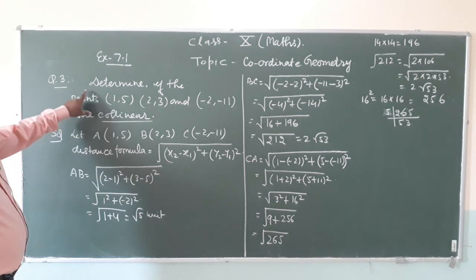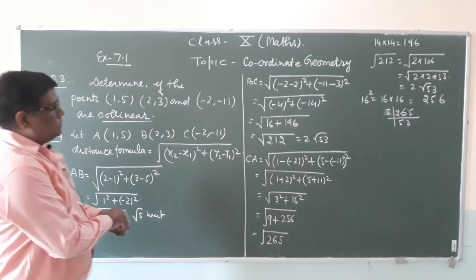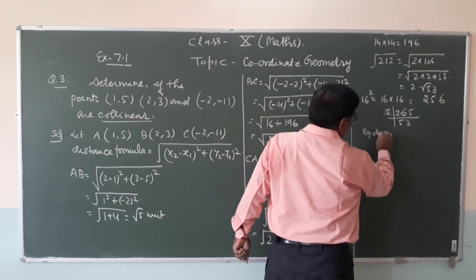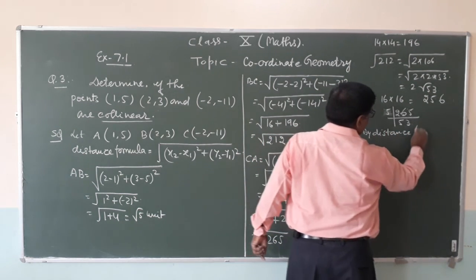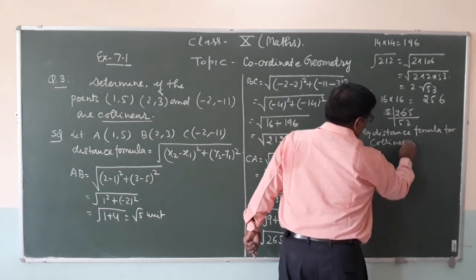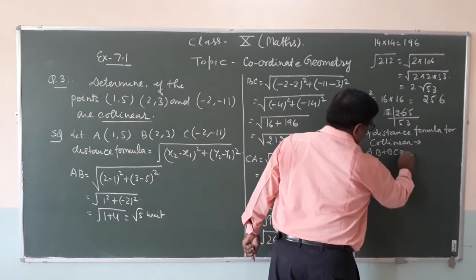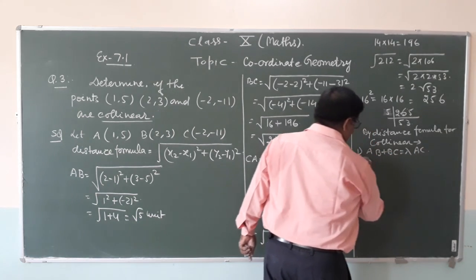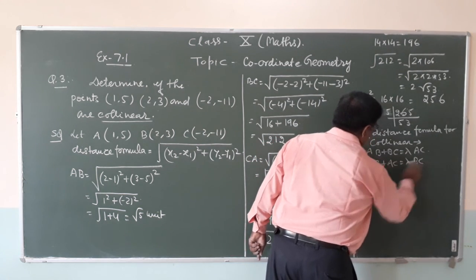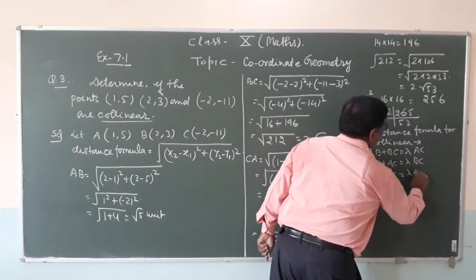Again, by the distance formula, if we have to show these three points are collinear, then for collinearity we use three formulas: if AB plus BC is equal to AC, or AB plus AC is equal to BC, or BC plus AC is equal to AB.